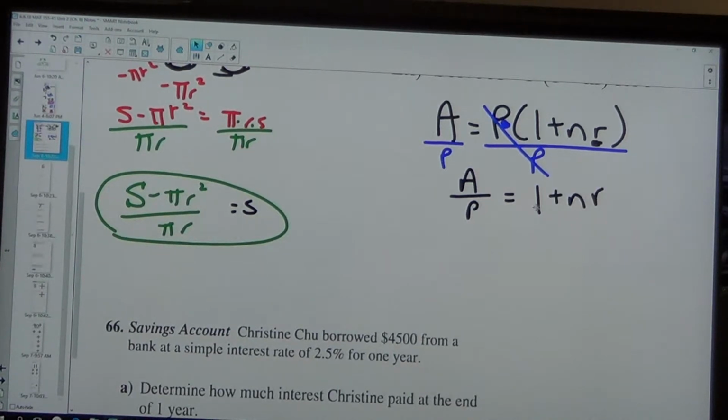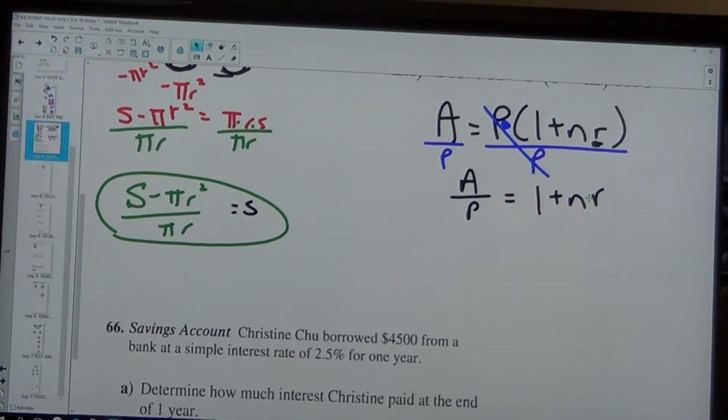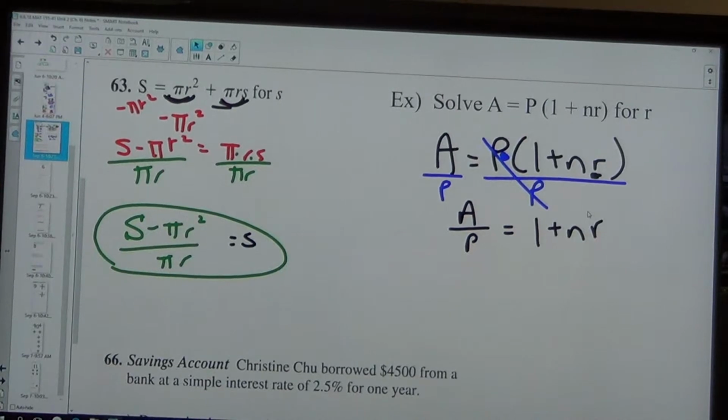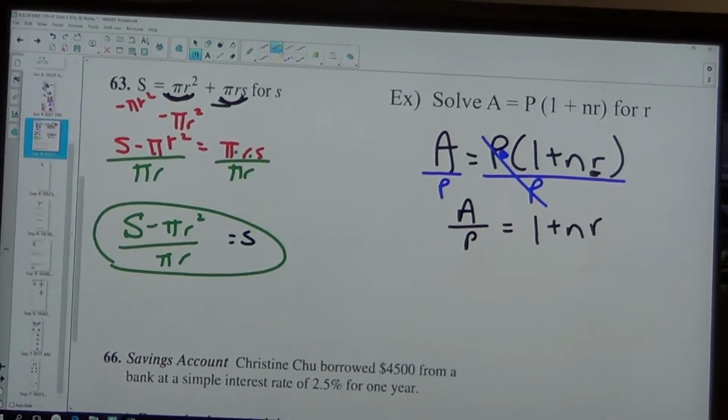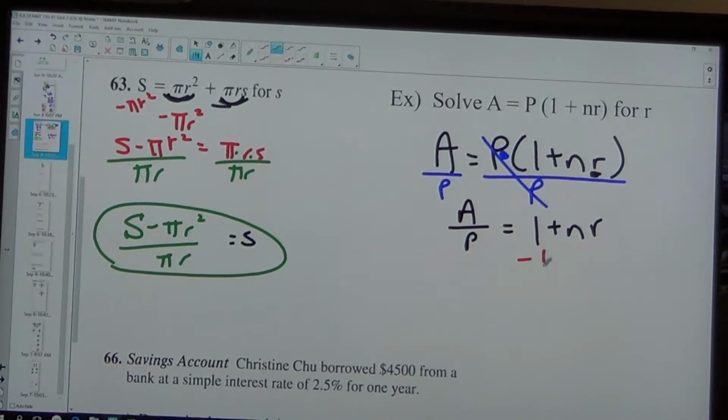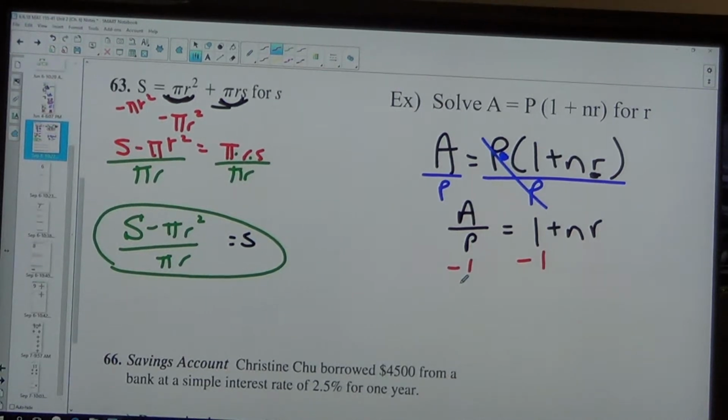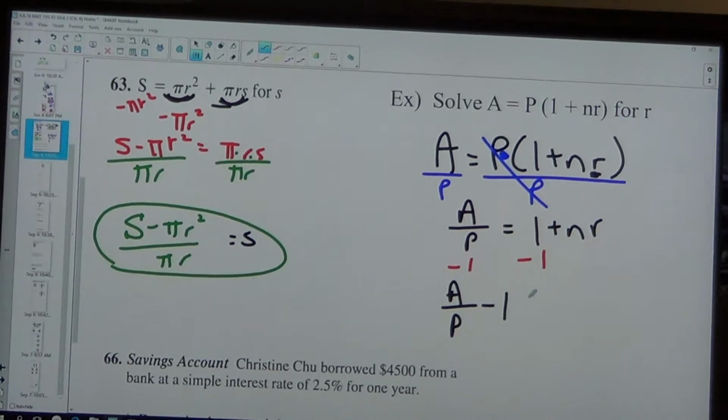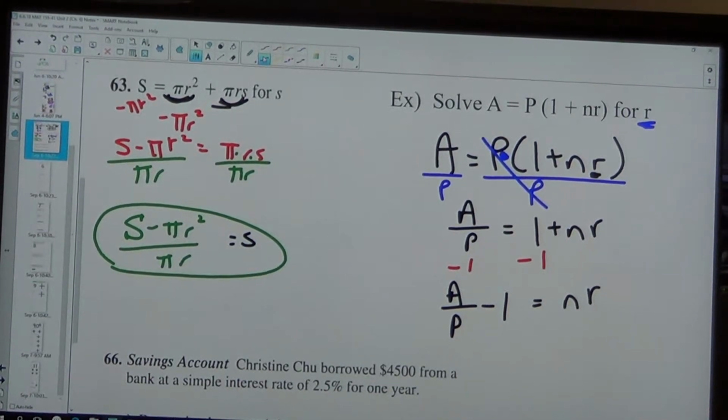Now I have a single friend plus a married couple. Subtract. So what am I going to subtract? 1. I'm going to subtract the single friend. So that's going to be A over P minus 1 equals NR. My goal, remember, is to solve for R. So who am I getting rid of now? The N. So how do I get rid of an N?